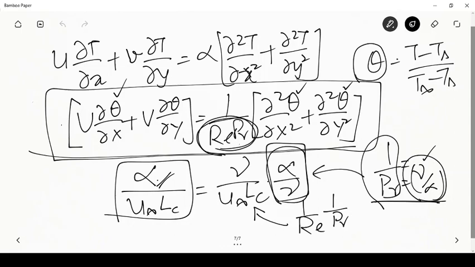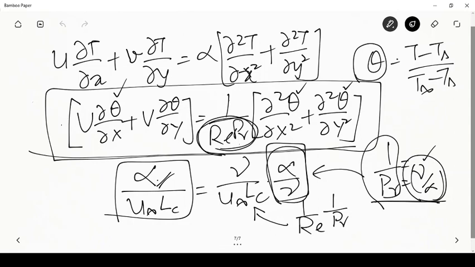Their boundary conditions are also identical. That is the way we have defined them. That is, capital U and capital V are zeros at the wall, and U is 1 at the far field, and theta is 0 at the wall and 1 in the far field.